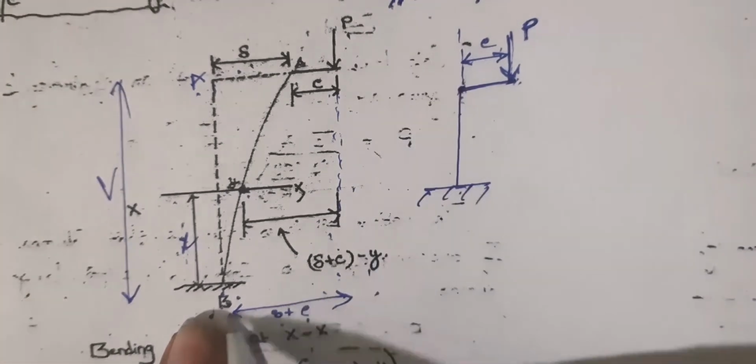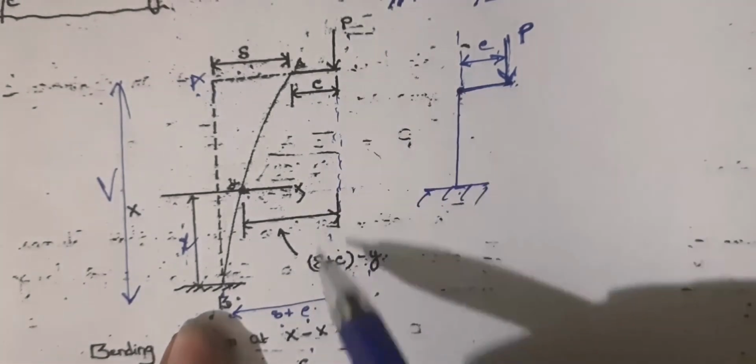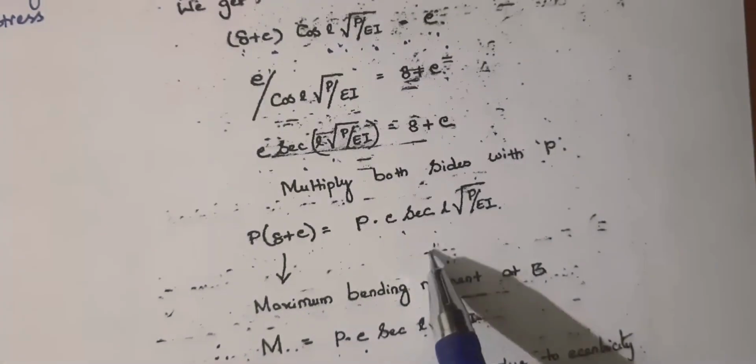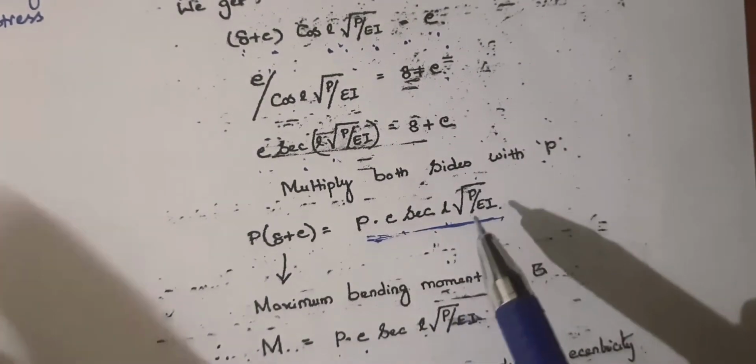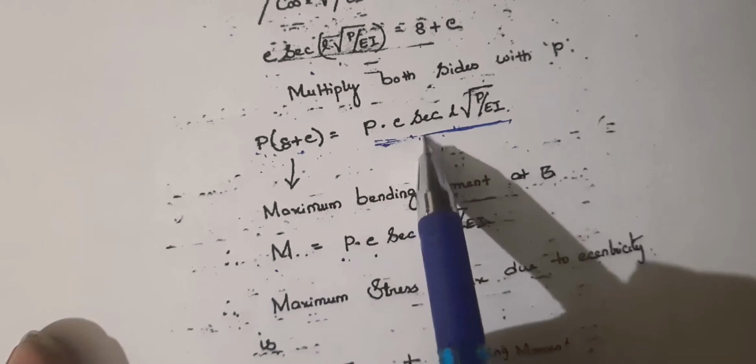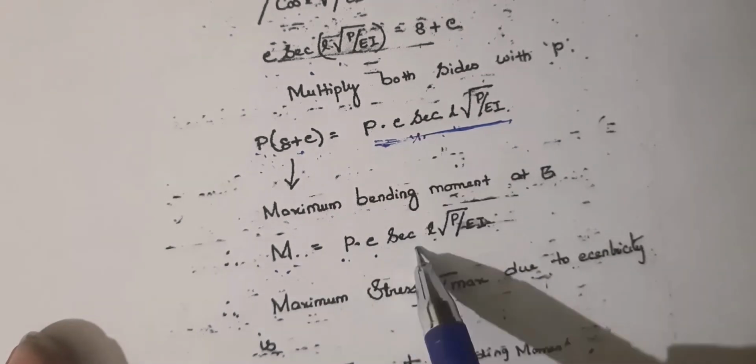At B, the moment is delta plus E into force, the perpendicular distance. What is P into delta plus E? That is what we found out here. So substitute that value here. M equals this, and this equals this. So therefore M equals this.